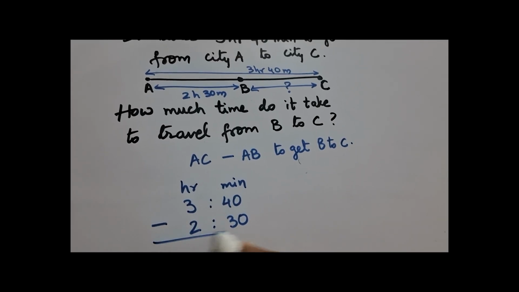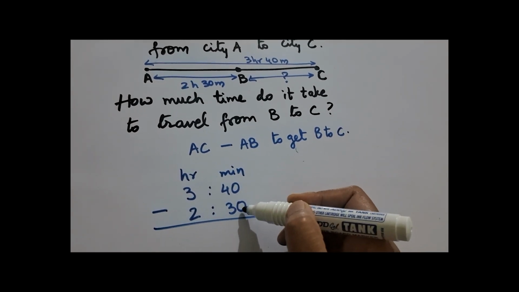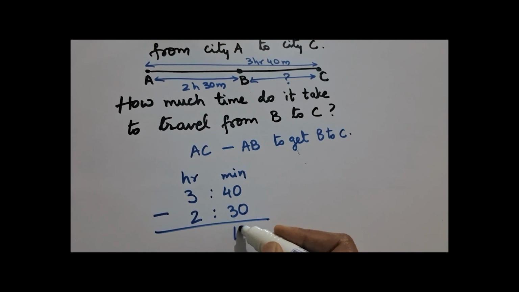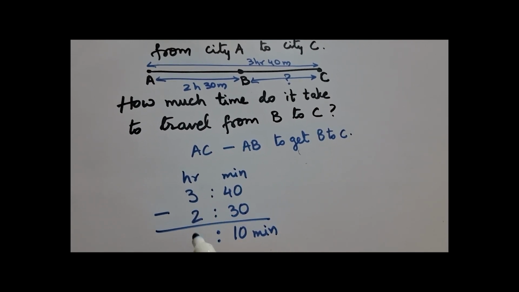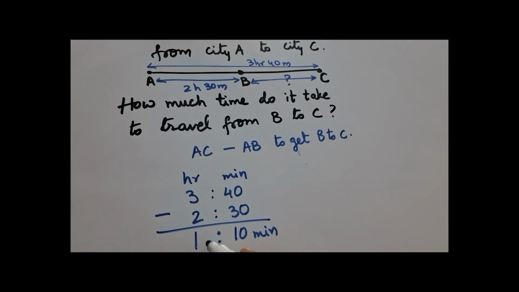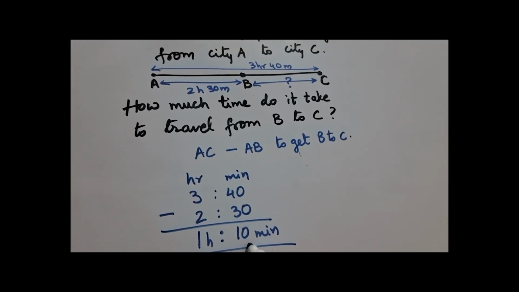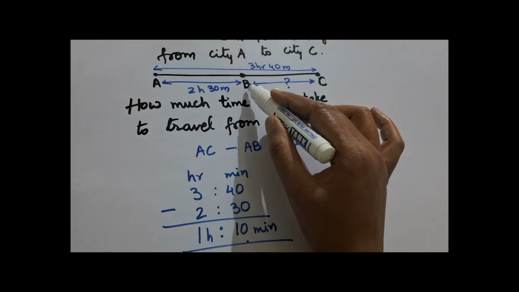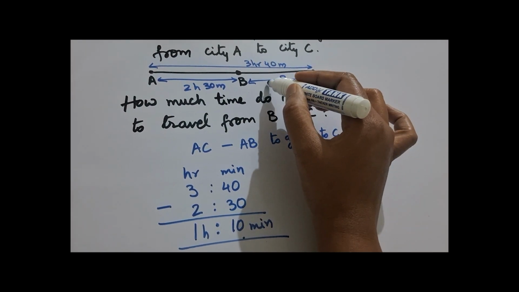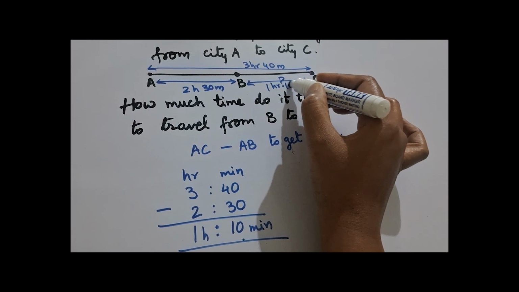Okay children, now subtract 40 minutes minus 30 minutes, that is 10 minutes, and 3 hours minus 2 hours, that is 1 hour. So the answer is 1 hour 10 minutes. The time taken to travel from B to C is 1 hour 10 minutes.